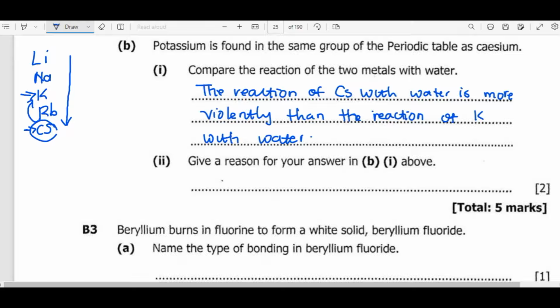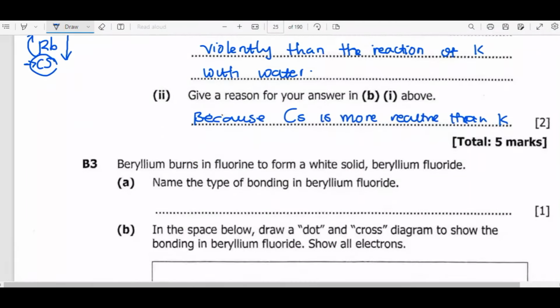Then Roman number 2, give a reason for your answer in B1 above. So say because cesium, Cs, is more reactive than potassium, according to the trend of group 1 elements.